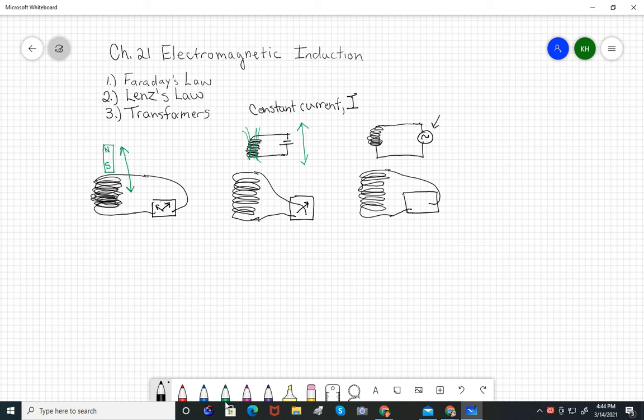If we have a varying current, now varying currents we use lowercase. If we have a current that varies, that means that magnetic field will vary, and we do not have to actually move the electromagnet towards or away from the coil. Just by varying this current, we change the magnetic field, and that changes the meter.